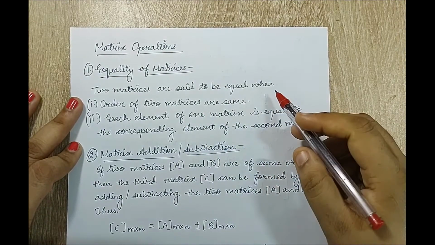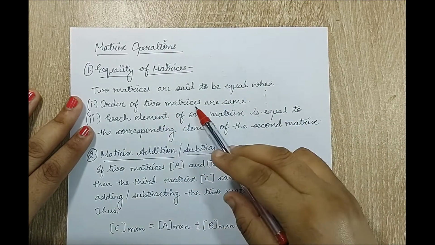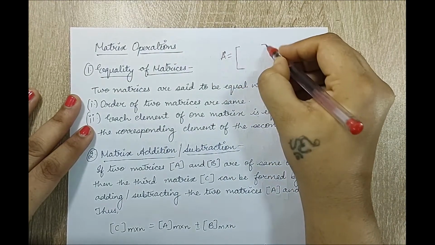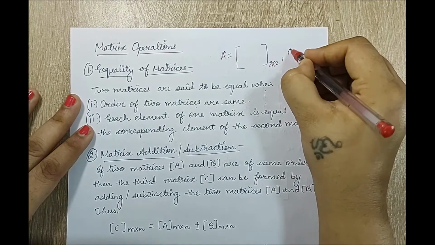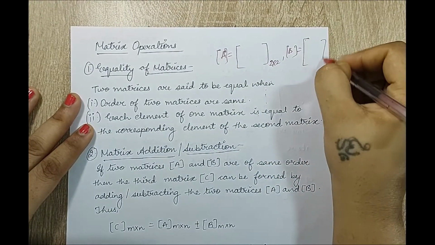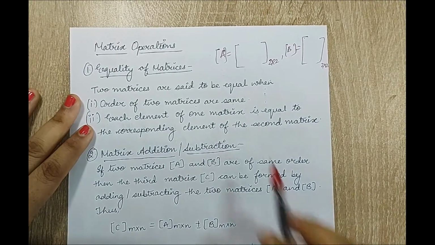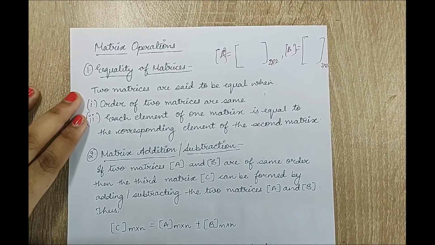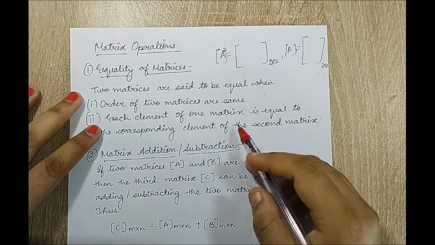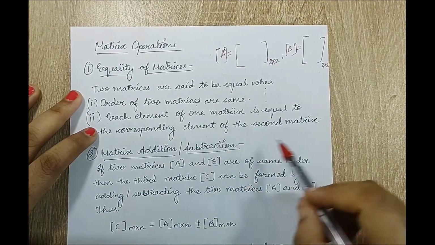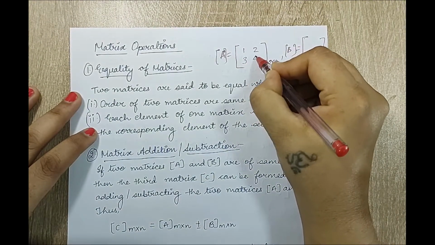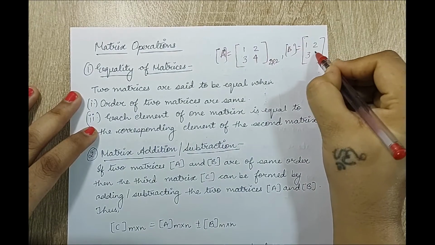Now two matrices can be called equal when the order of the two matrices is the same. So let me write A is going to be a 2 by 2 matrix, and let's say B is also going to be a 2 by 2 matrix. So I will say that these two matrices are equal. So the first condition is the order will be the same. Second is each element of one matrix is equal to the corresponding element of the second matrix, which means if A is 1 2 3 4, B also has to be 1 2 3 4.